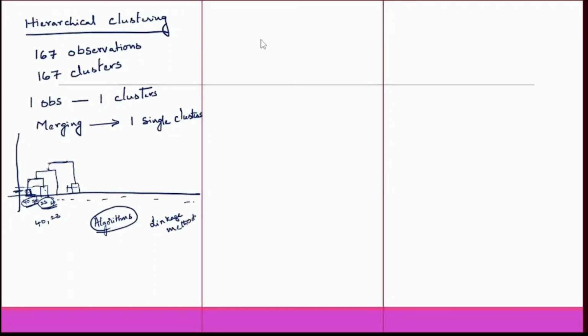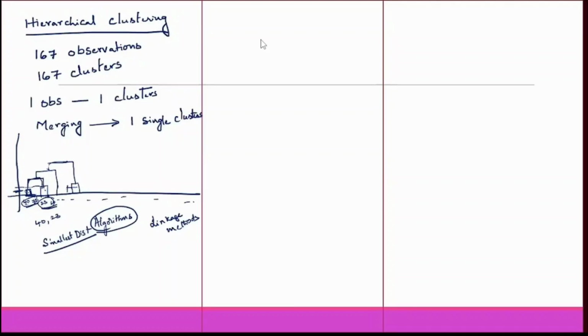There is one linkage method which talks about the smallest distance between the clusters. So let's say 40 and 23 have the smallest distance, then that is the distance that would be used to join these two clusters.